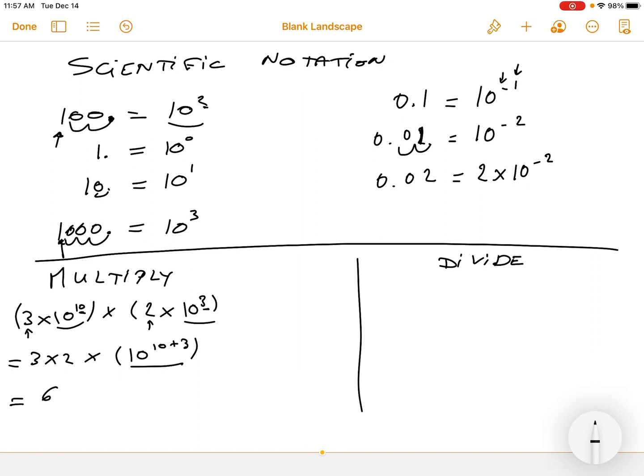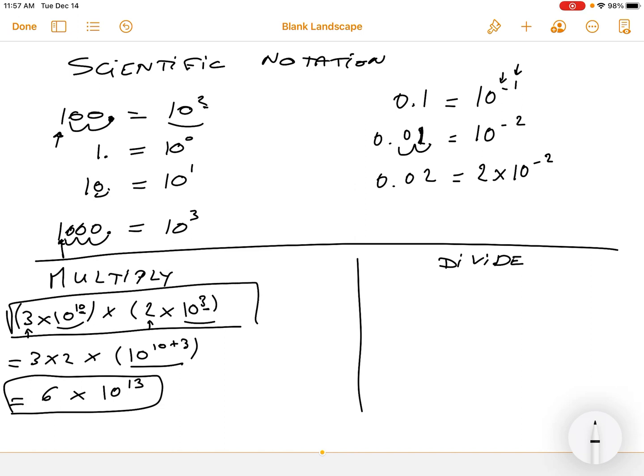So 3 by 2, this is 6, multiplied by 10 to the power of 13. This is your result when you multiply those two scientific notations. So when you multiply exponents, you add them to find out the new power.